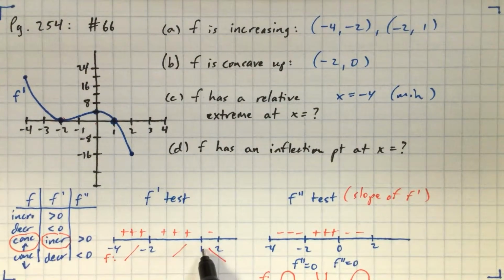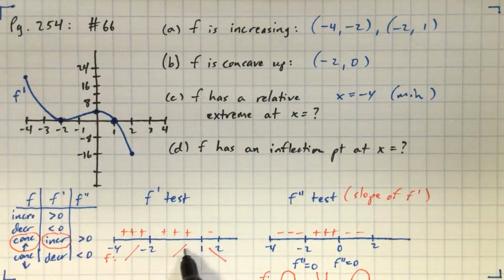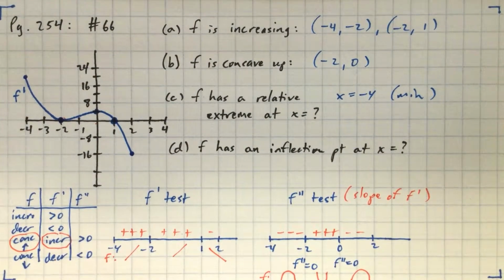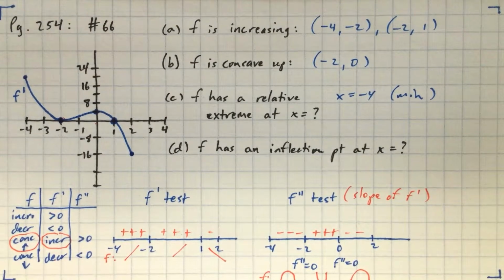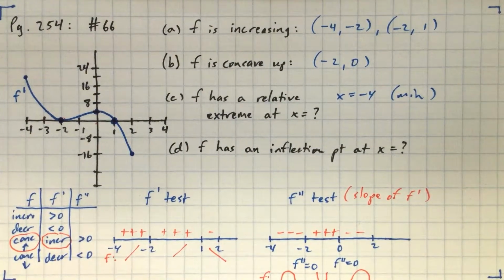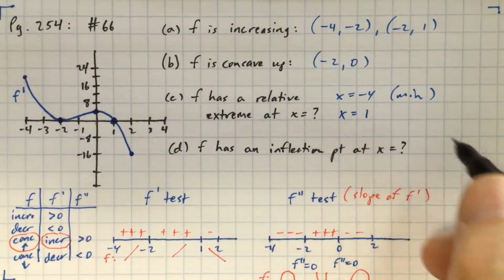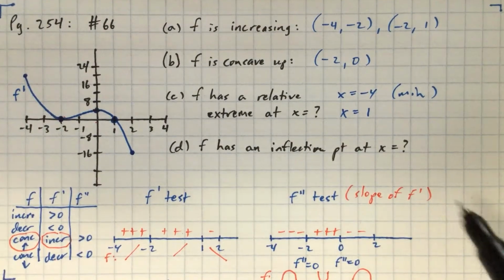But we notice over here when x is equal to 1, f prime changes sign from positive to negative. So basically the graph looks like up, up, and then down. We're not really sure how low f of 2 is, or how low f of negative 4 is, but we do know that we have a maximum at x equals 1. We have no way of knowing the y values unless we were given other information.